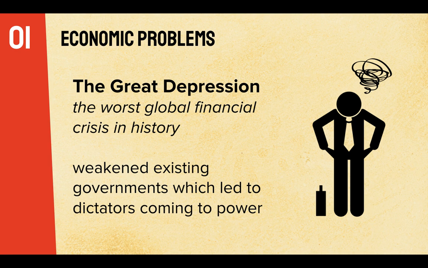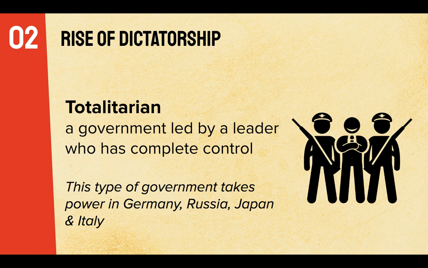And so all of those existing governments became really, really weak, and dictators started coming to power as people were starting to support other candidates with different views of how to run the country. And so we see this rise of dictatorships coming out of countries like Germany, Russia, Japan, and Italy.